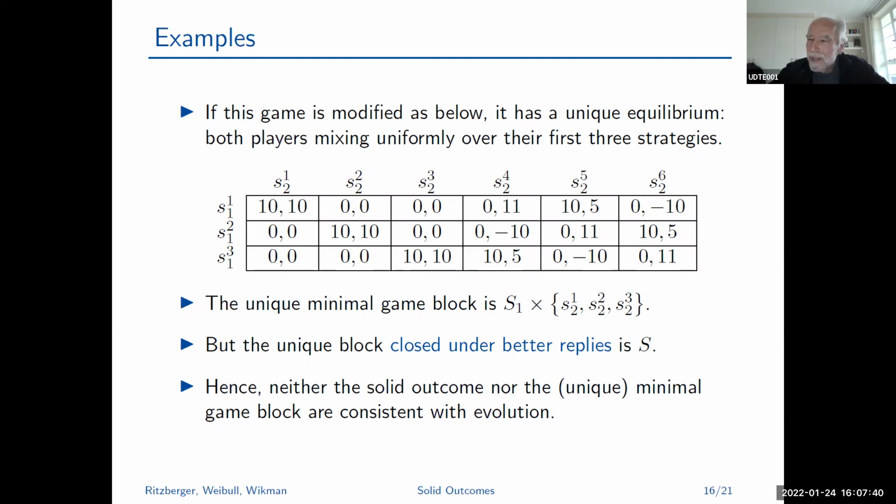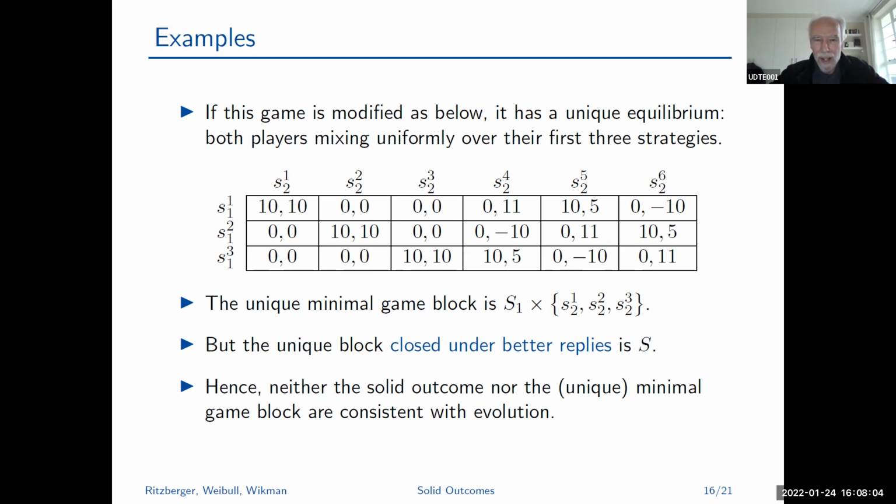But that doesn't make for a compatibility between a rationalistic approach and, say, an evolutionary approach. This is what I wanted to illustrate with the last example. A rationalistic approach that insists on existence in this game has no choice. You have to pick the only equilibrium there.